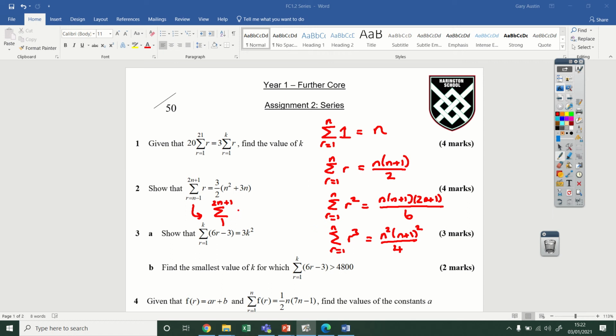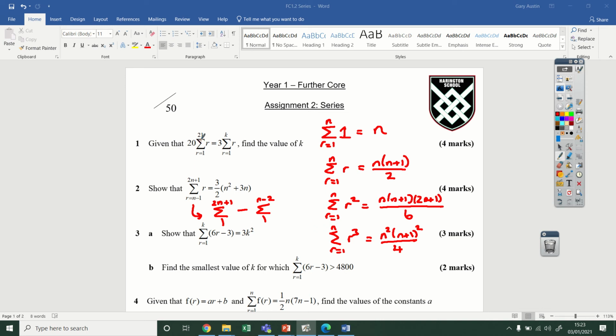And then what you're going to do is subtract the terms that you don't want to include in this sum, which is all of the terms that start at 1 and finish 1 before the one that it starts at. So n minus 2 is the final term that you're going to subtract away. So that is how you're going to approach question 2, and I think there's some similar questions further on that involve the same method.